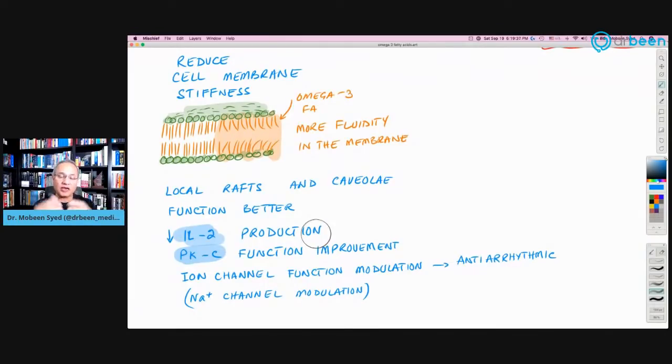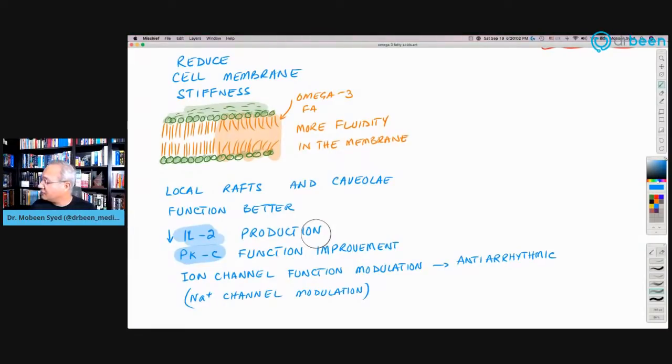Imagine a door in a wall. If the wall is too stiff, the door might get stuck in the wall and not operate correctly. So the fluidity of the cell membrane is really important for a cell to function correctly. This also is connected with aging. As we age, our cell membrane's fluidity starts reducing, which causes the function to start going down.